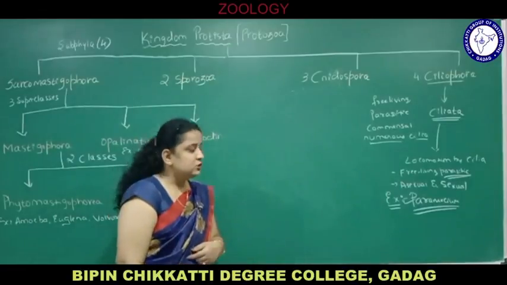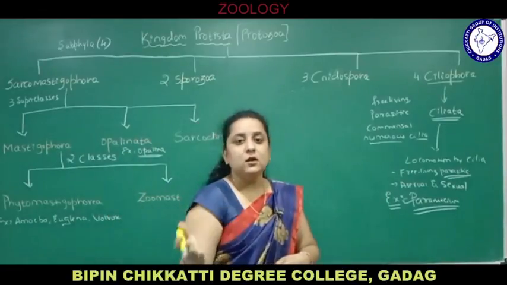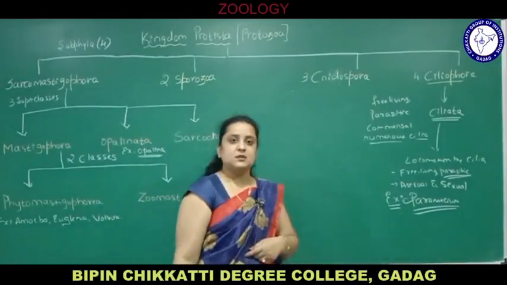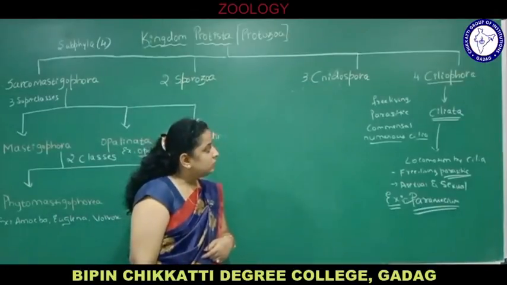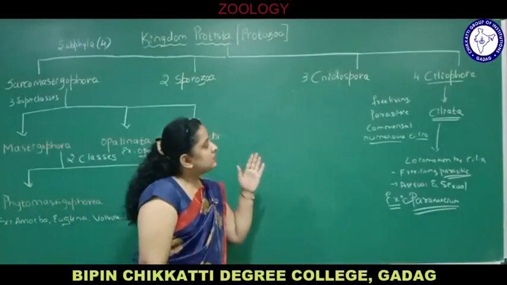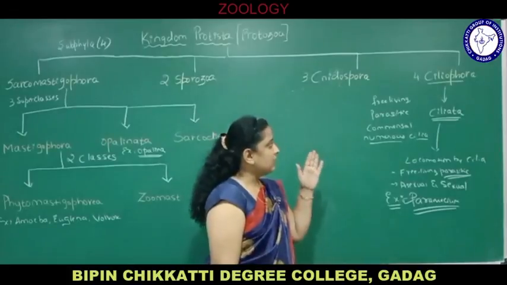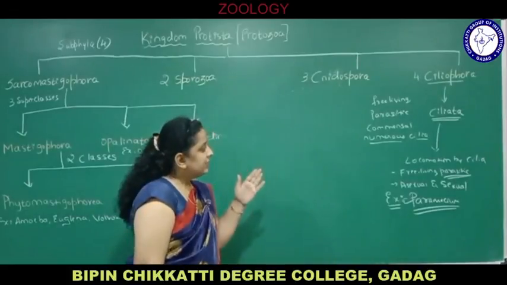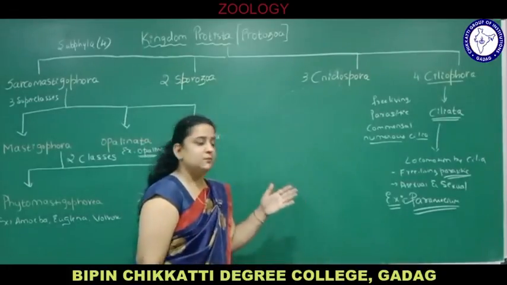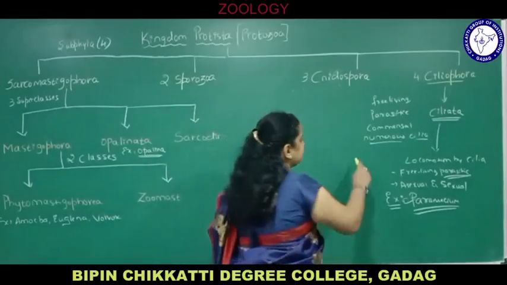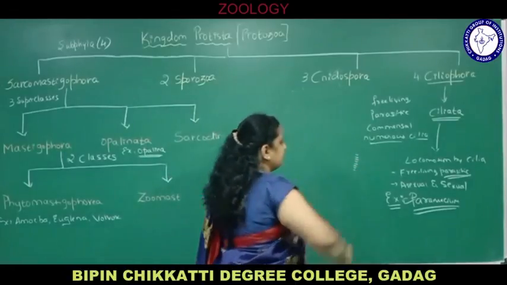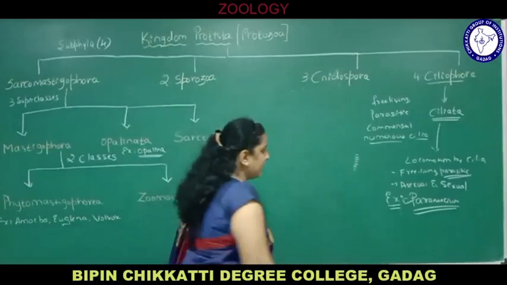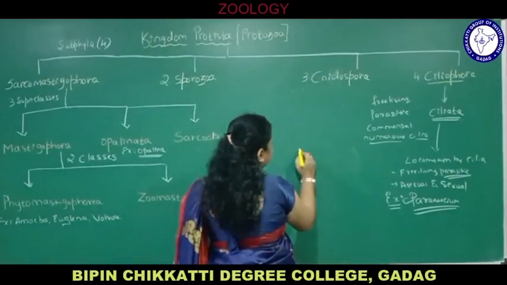Paramecium has numerous cilia with the help of which it can move to different places. So the subphylum Coeliophora is divided into a class called Ciliata. The example of Ciliata is Paramecium, because the body is covered by numerous hair-like structures called cilia. It has two types of nucleus, macronucleus and micronucleus.